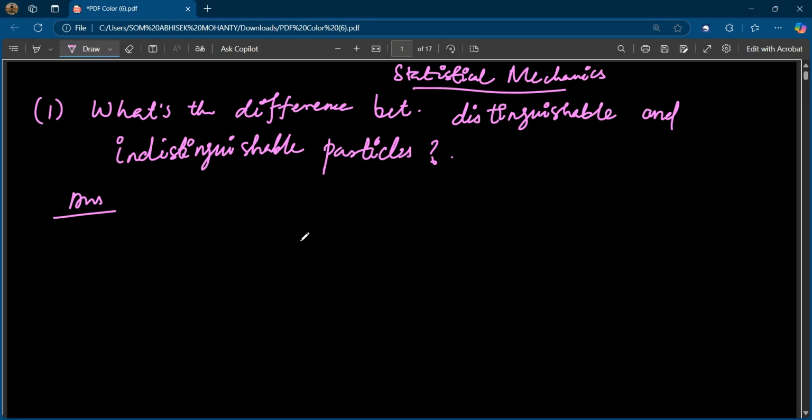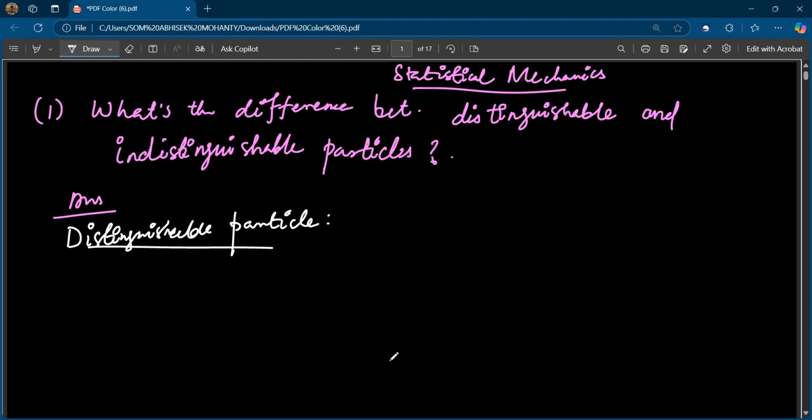First we will see the basics: what is a distinguishable particle? Particles having distinct wave functions are known as distinguishable particles.